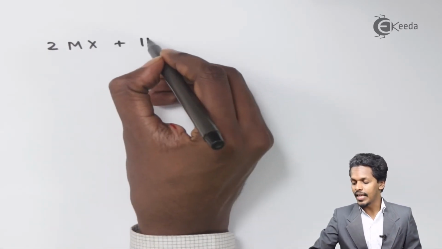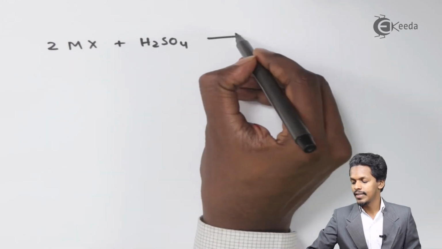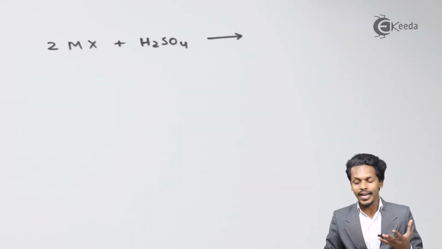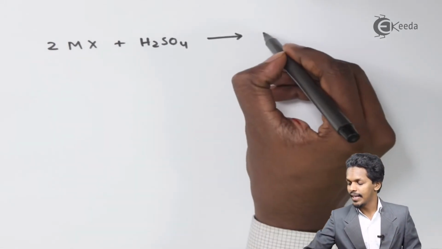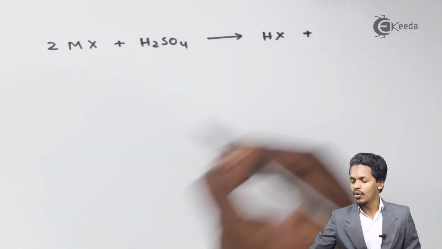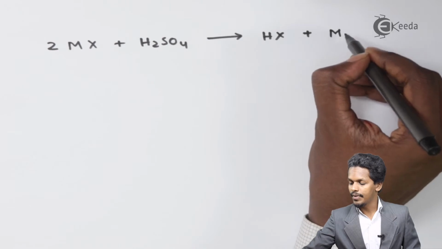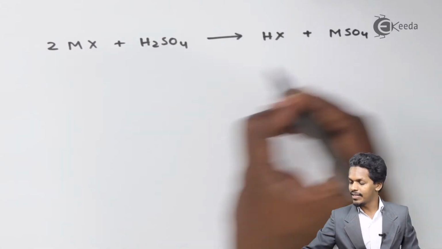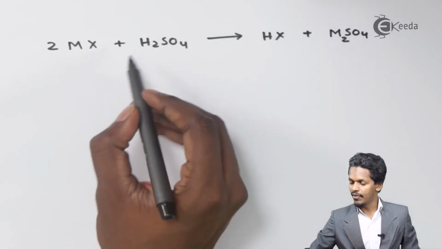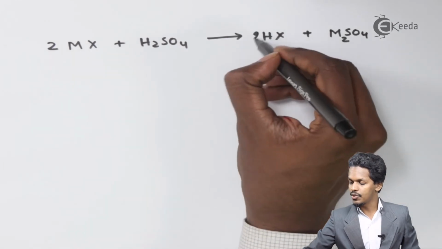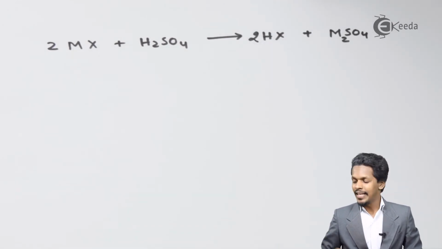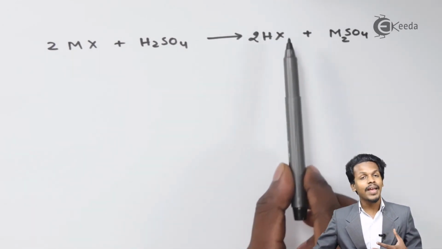If we react it with H2SO4, the product we get is HX, along with the other byproduct MSO4, and to balance it I will make it 2 moles of HX. So this is how we can prepare a volatile acid.